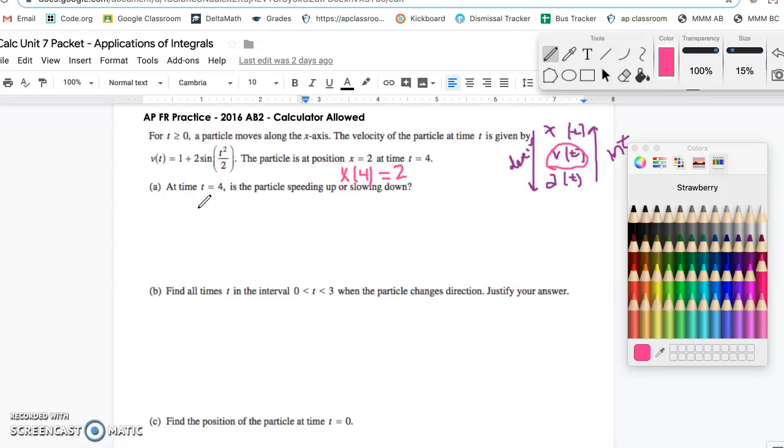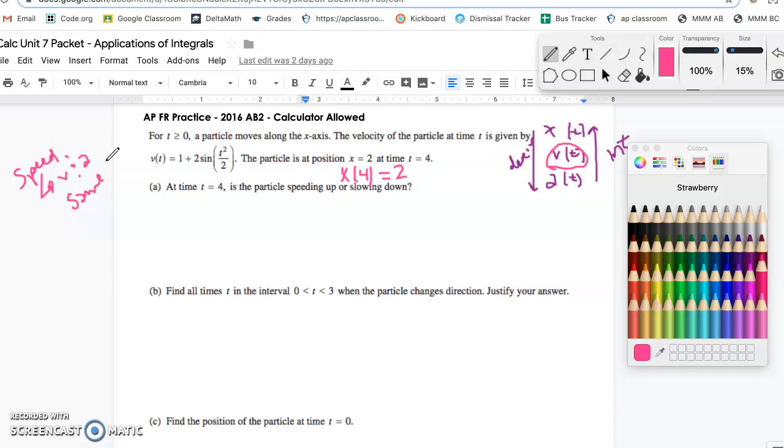This one says at time equals 2, is the particle speeding up or slowing down? So I'm just going to write: speeding up means that velocity and acceleration, v and a, have the same sign, right?